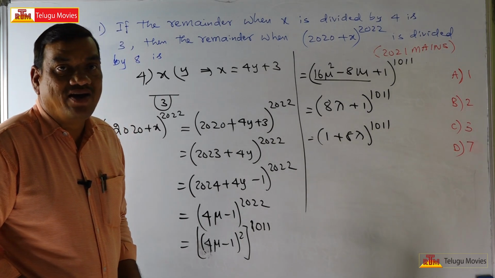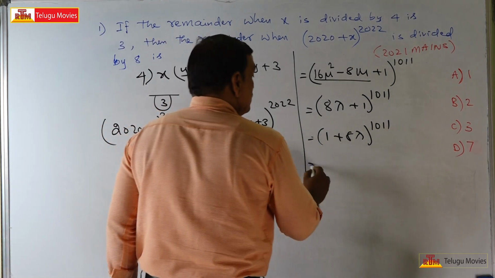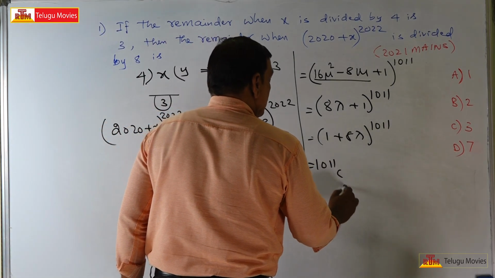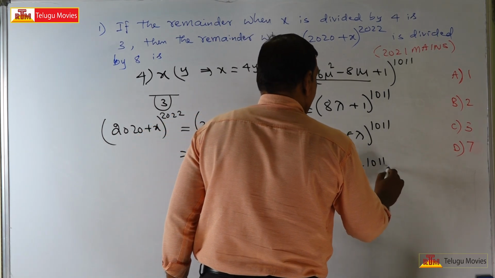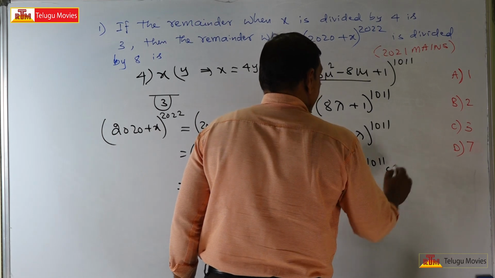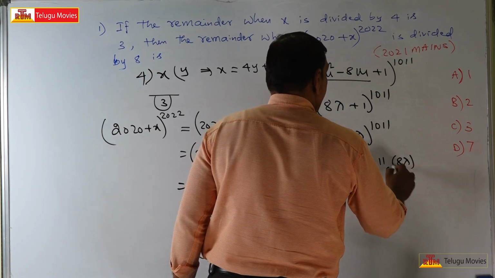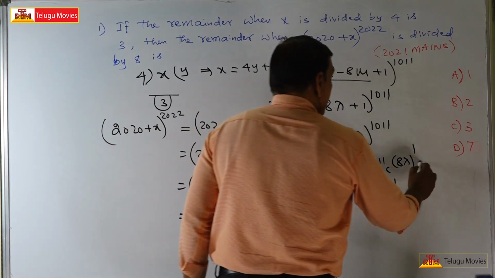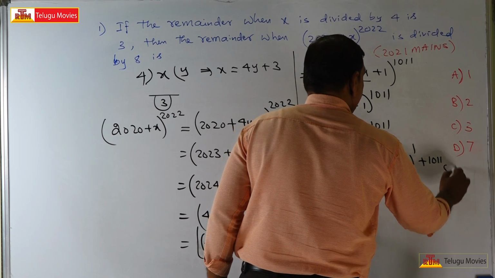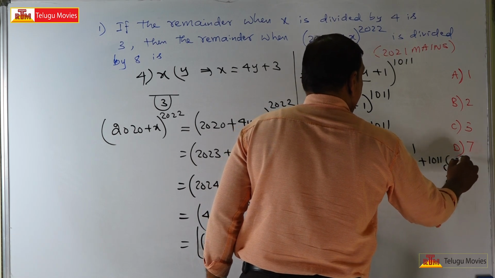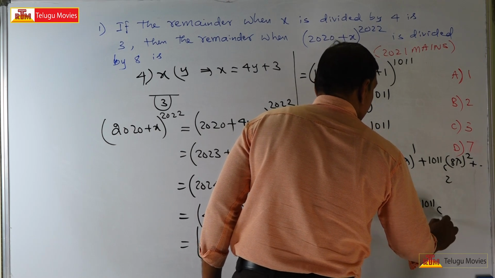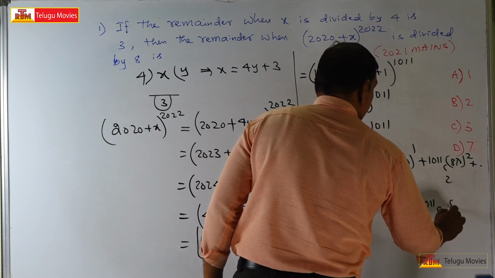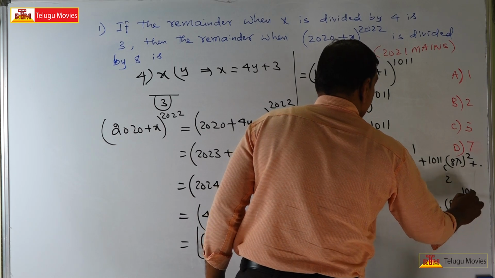What is the expansion? Binomial expansion. So this is equal to 1011C0 into 1 plus 1011C1 into 8 lambda whole power 1, plus 1011C2 (8 lambda) whole power square, plus so on, last one 1011C1011 (8 lambda) whole power 1011.